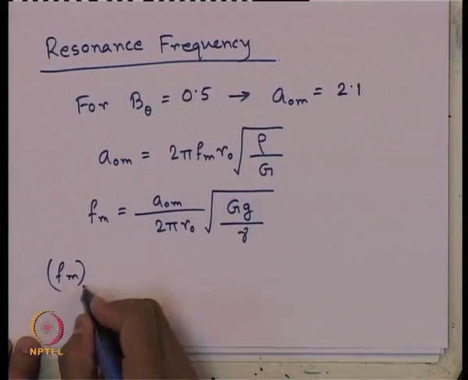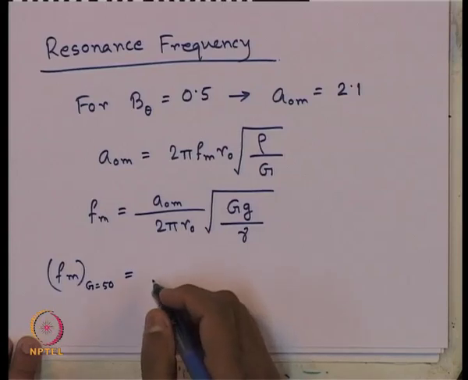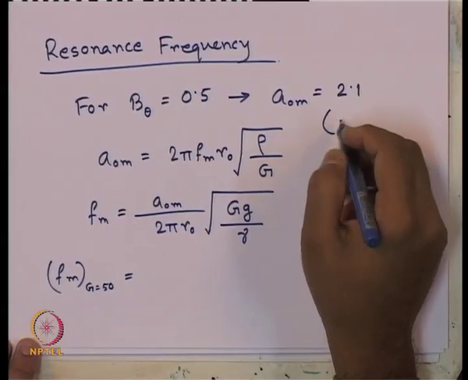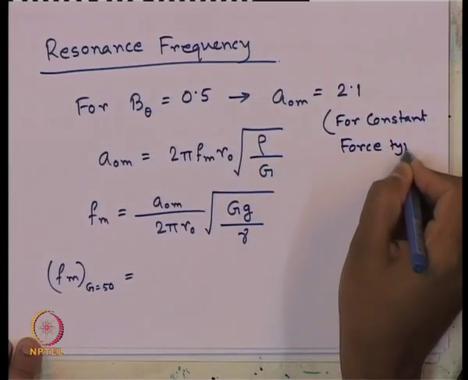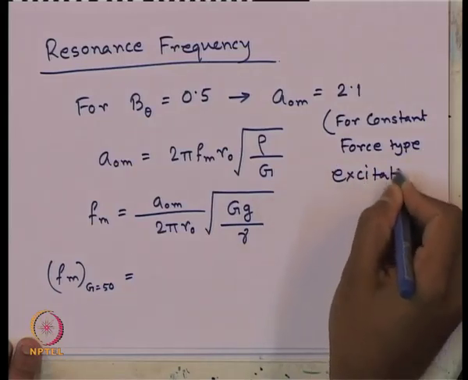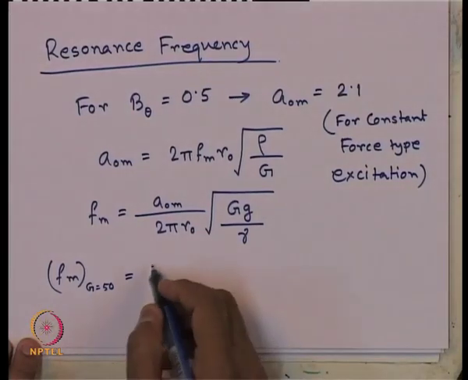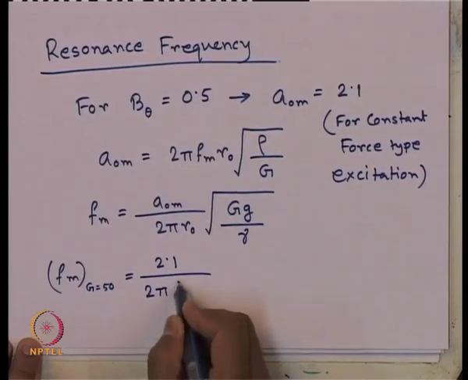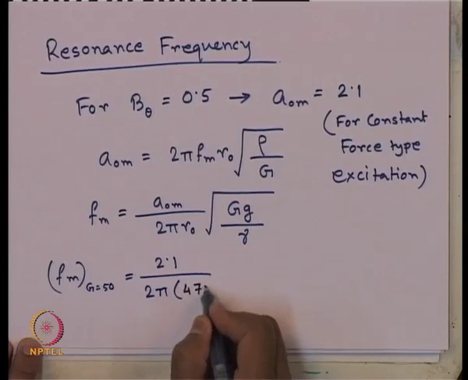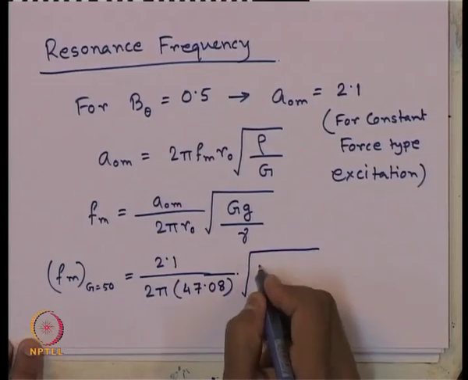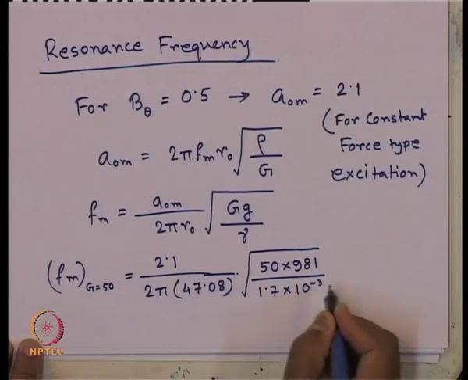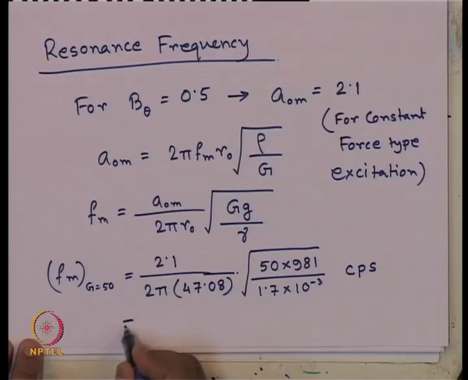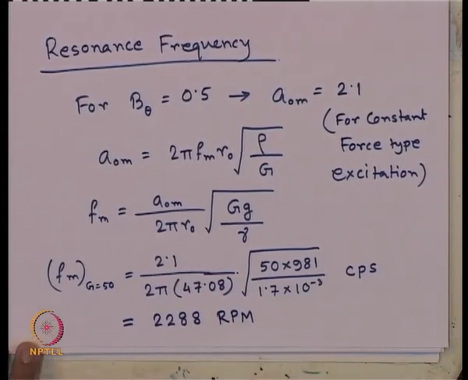So, f m for G equals to 50, for constant force type excitation, comes out to be 2.1 by 2 pi, r naught we had calculated as 47.08, root over 50 into 981 divided by 1.7 into 10 to the power minus 3, so much cycles per second, which we can convert to RPM, 2288 RPM. Am I right?